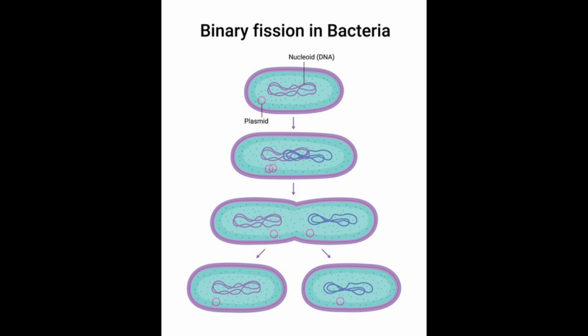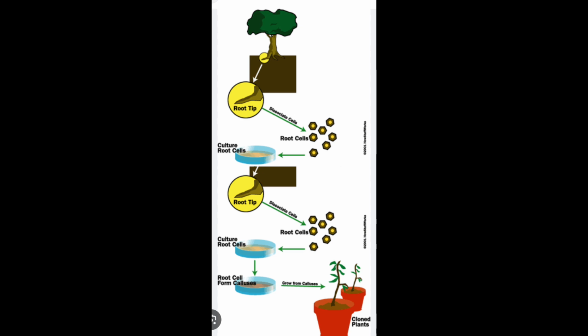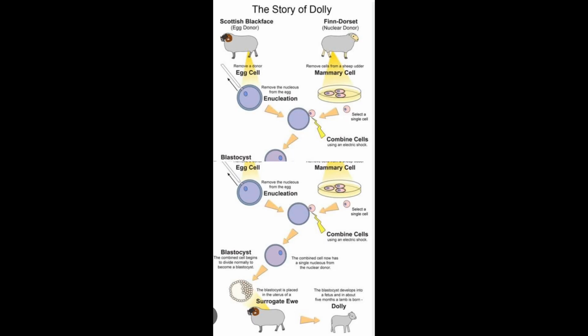In natural clones, first is bacteria. Bacteria populations arise from a single bacterial cell through binary fission. Second is plants. Plants form clones through runners, tubers, or root suckers. In artificial clones, they use the sheep Dolly. Cattle and even endangered species have been cloned using somatic cell nuclear transfer.